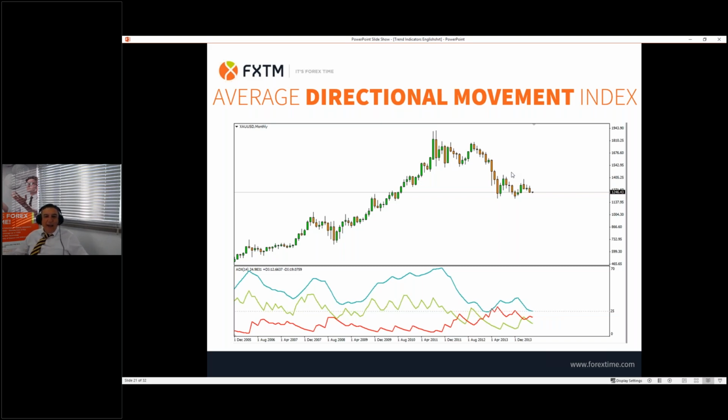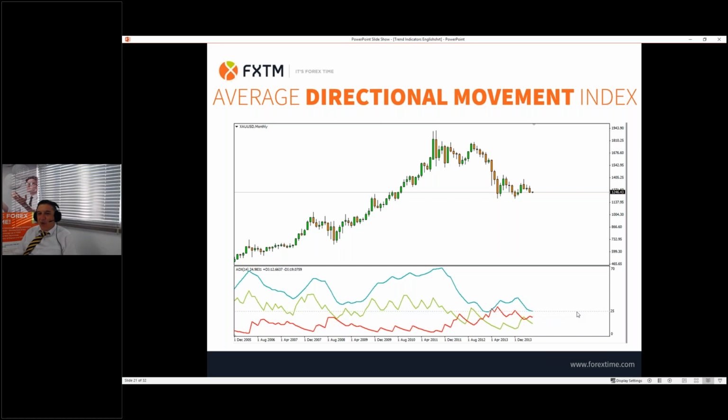Now, when the blue line is above the 25 baseline, then it means that the market is trending. But when this blue line drops below the 25 line, then it means that the market is not trending. When we say the market is not trending, it means that it's a range.